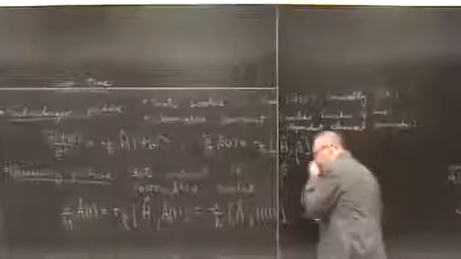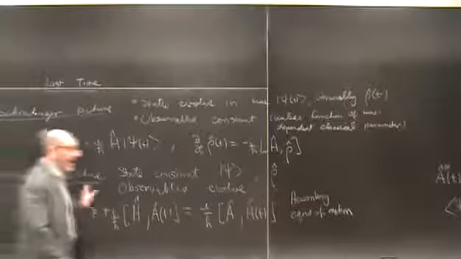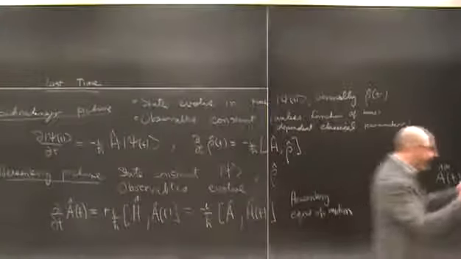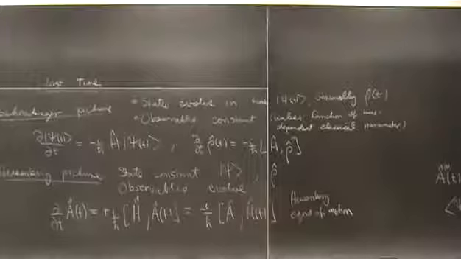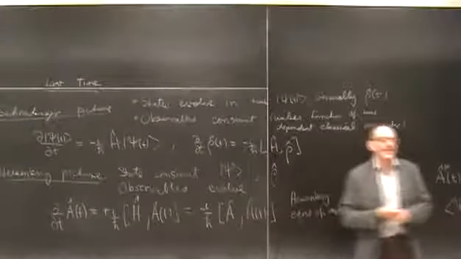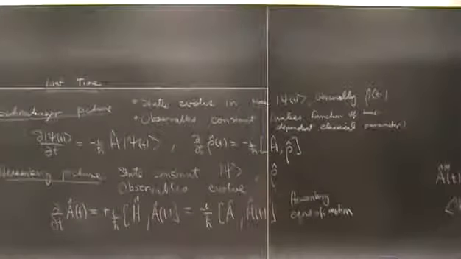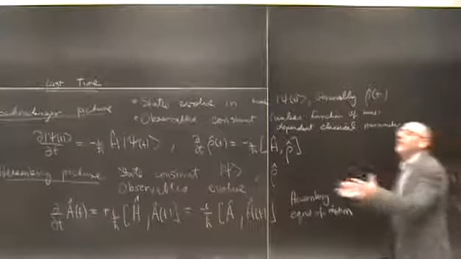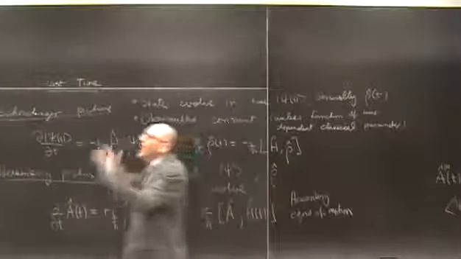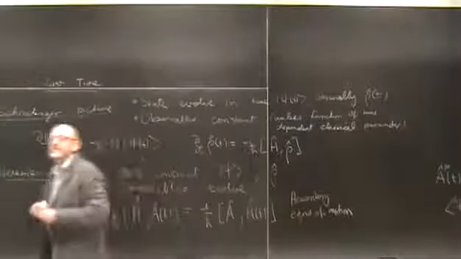And the Heisenberg picture is useful in two important contexts. One, if we're only interested in the evolution of the expectation values of a few observables, then it's typically easier to use the Heisenberg picture, because you don't have to know the whole state, you just have to know how that particular expectation value evolves as a function of time.